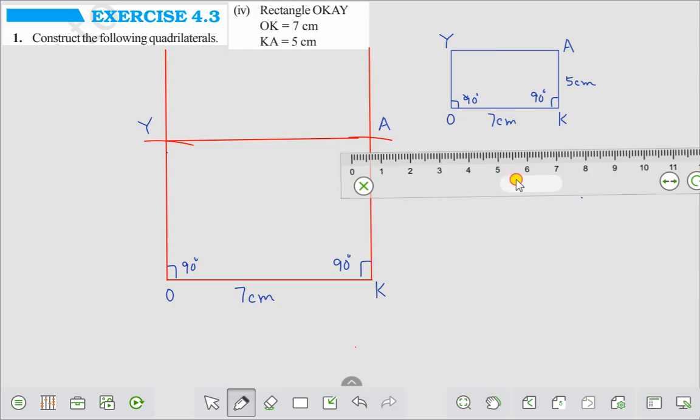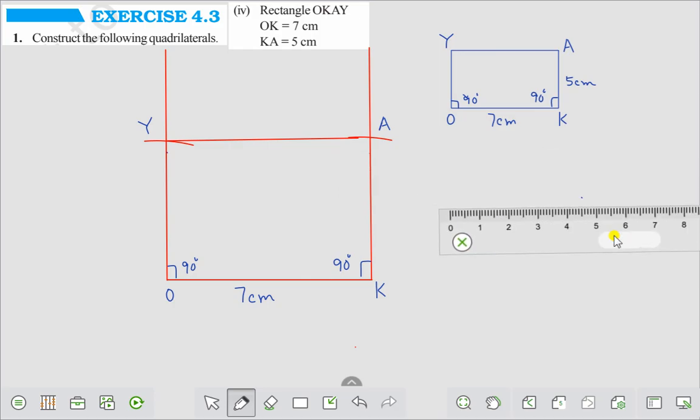I see here that this is 90 degrees. AK is 5 centimeter. We know that in a rectangle opposite sides are equal. Since this is 5 centimeter, this will also be 5 centimeter. And since OK is 7 centimeter, YA is also 7 centimeter.